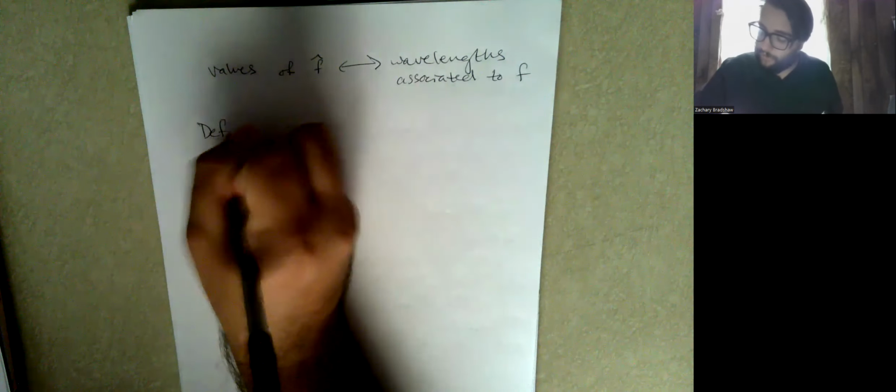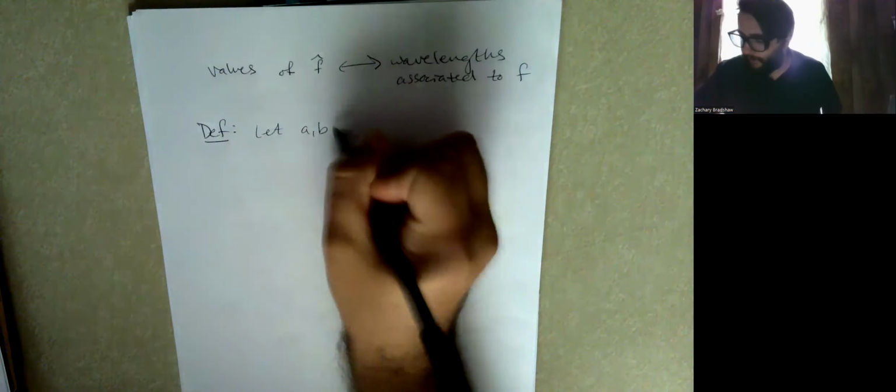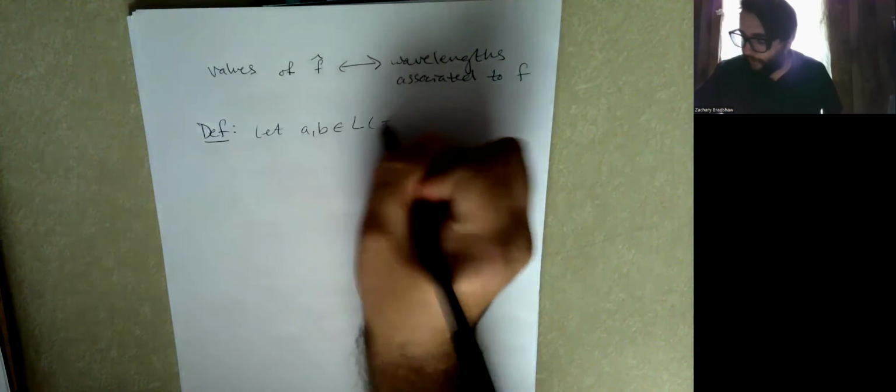Okay, so let's continue on. So again, let G be a finite group, and let A and B be elements of the group algebra.